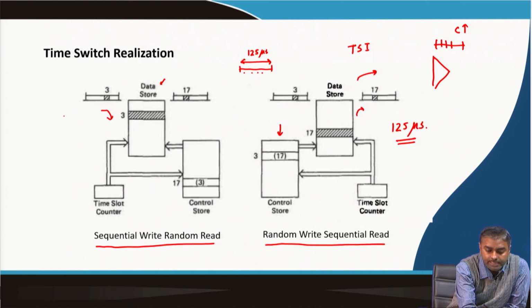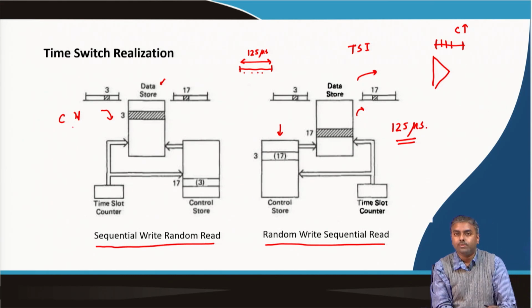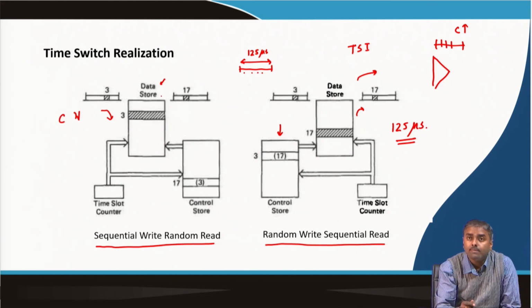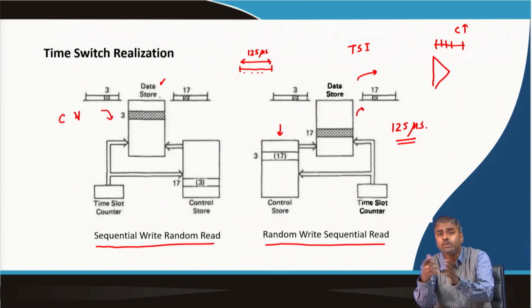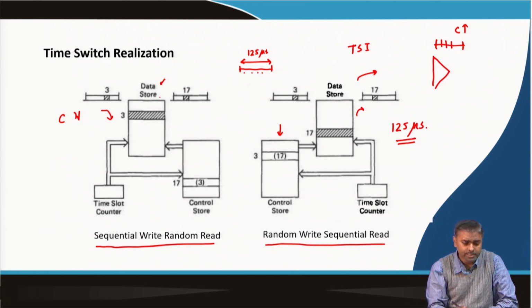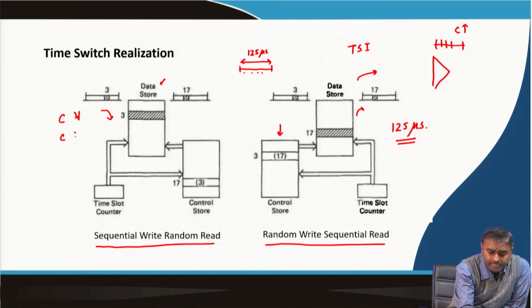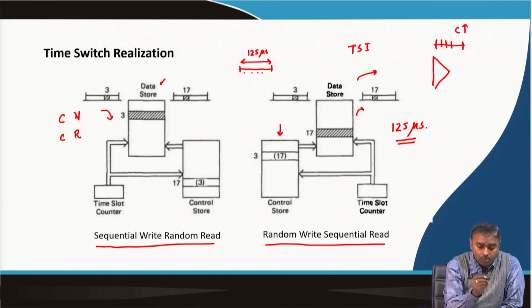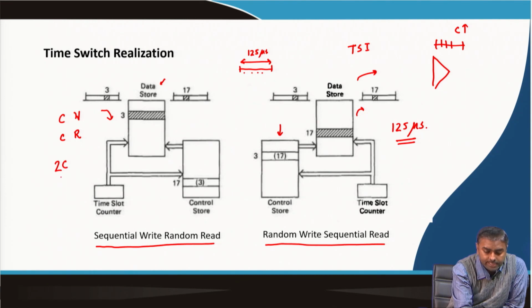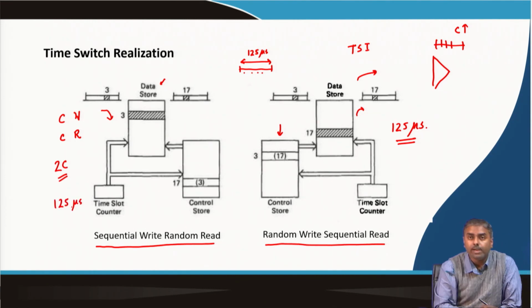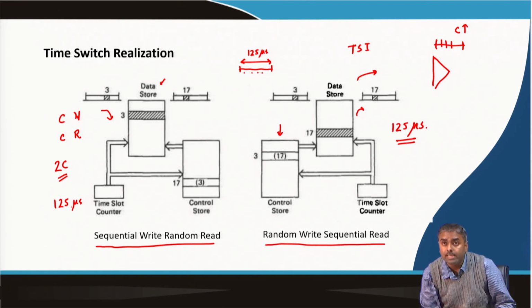So, if there are C bytes, then C number of write operations you will have to do, and within that 125 microseconds you will also have to read from the memory. So, another C read operations you will have to do. So, overall 2C operations you will have to do within this 125 microseconds. Every 125 microseconds you will eventually have to do this many operations.